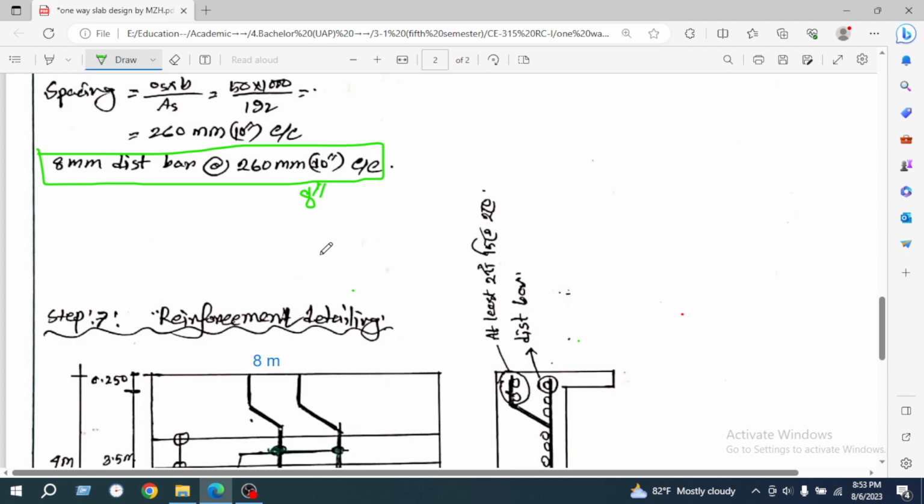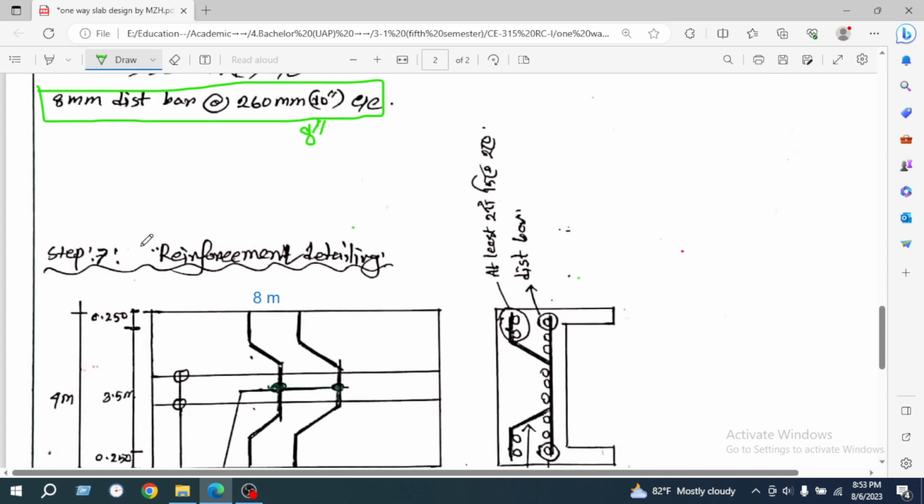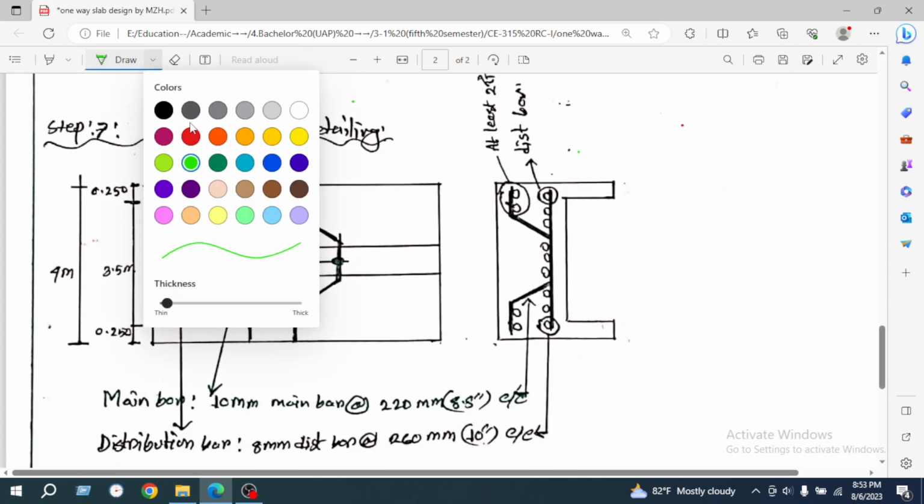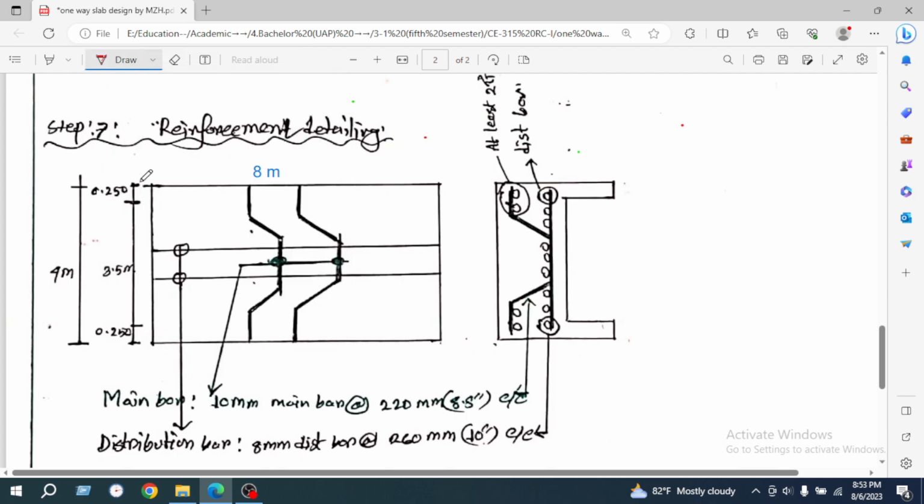for the distribution bar, taking the safe zone. So here is the reinforcement. This is very important for detailing. This is our 8 meter span, and this is our 3.4 meter span. We will use the main reinforcement bar in the short direction.